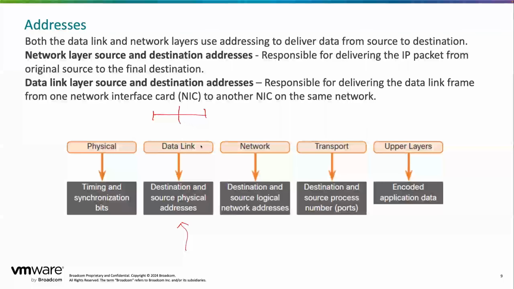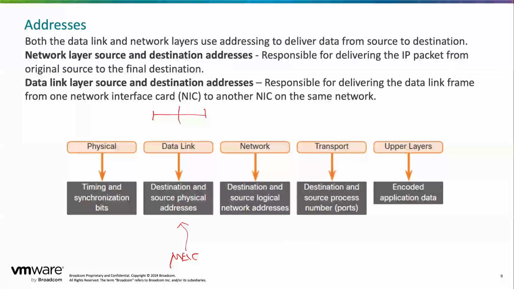So a data link is a multi-access layer, and to differentiate a specific device, we need addresses. For Ethernet, the MAC address is used.